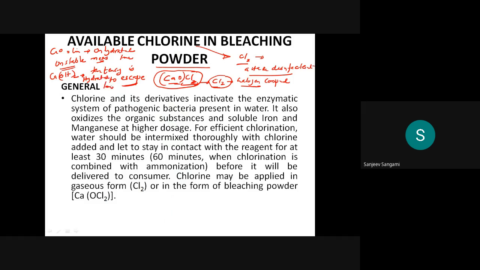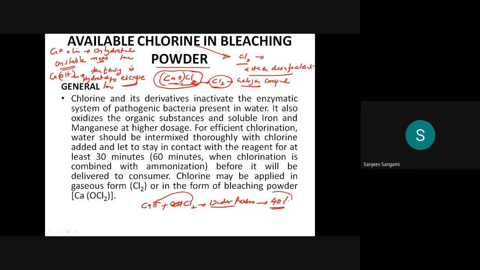Then how will this be prepared? They will take the lime plus this Cl2. They introduce the chlorine gas into lime under pressure. The percentage available will be around 40%.